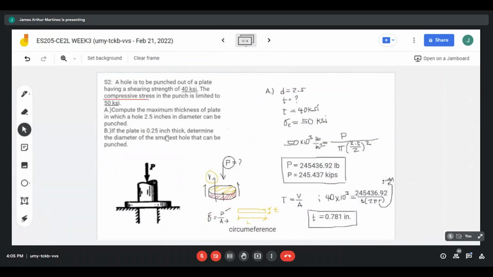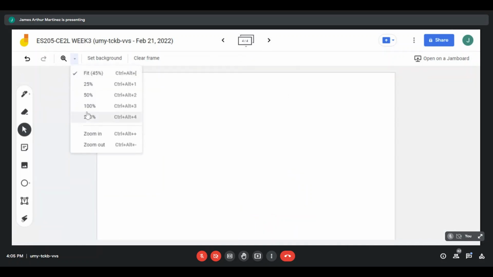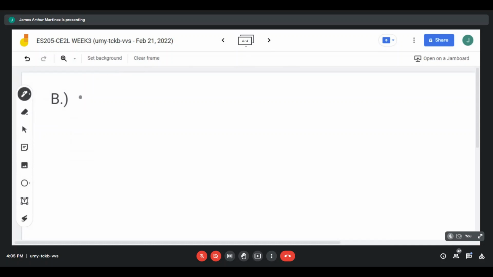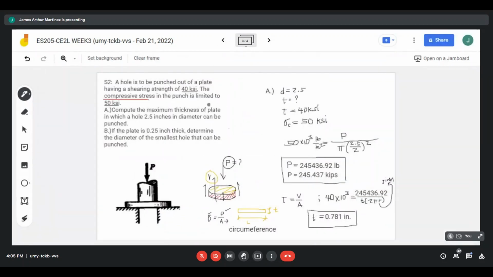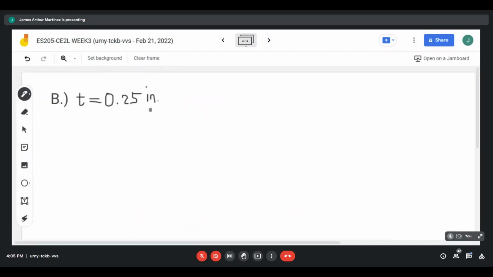If the plate is 0.25 inches thick, so the thickness of the plate is given, determine the diameter of the smallest hole that can be punched.